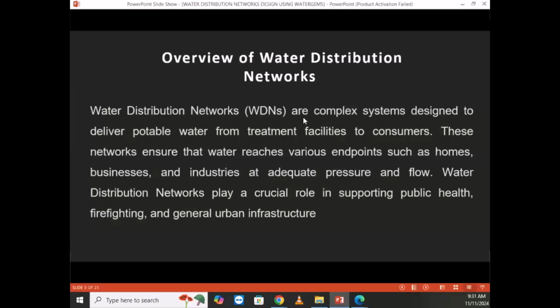By the definition here, it is a complex system designed to deliver potable water from a treatment facility to consumers. When we say treatment facility, there are many ways of understanding it. It may be a treatment plant. It may be groundwater, where there is also treatment happening.